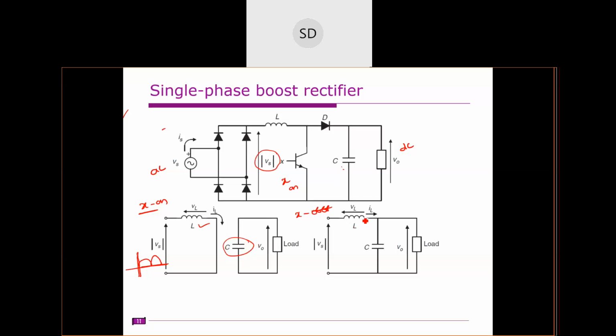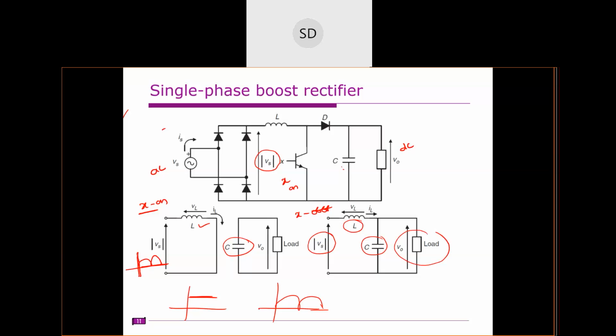When the switch is off, we have this mod Vs and this L, and both pump energy to this capacitor and the load. Everything is the same as the boost DC-DC converter, except that in the boost converter we have a constant input, whereas here you will have this rectified input.